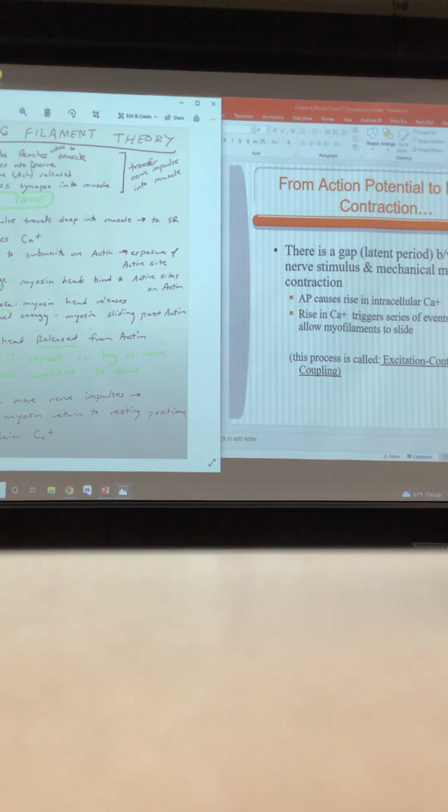Now, if I just look here, the first thing that has to happen is that nerve impulse. If we were to break it down into the steps of muscle contraction, number one is that nerve impulse getting to the muscle.